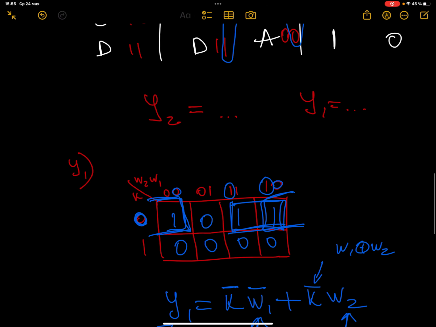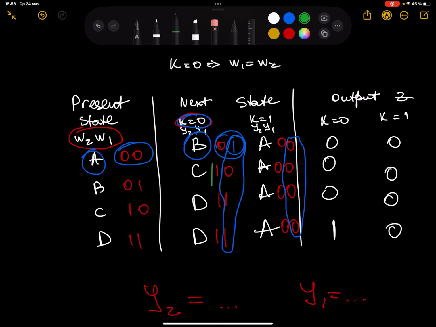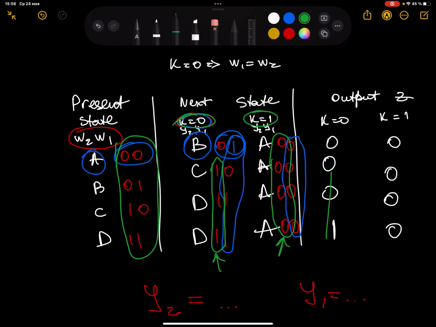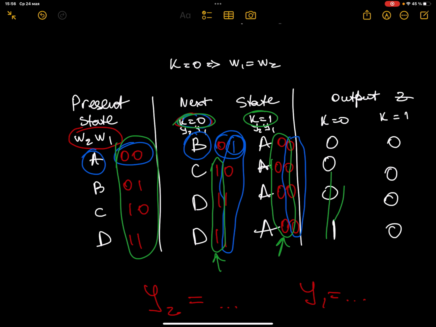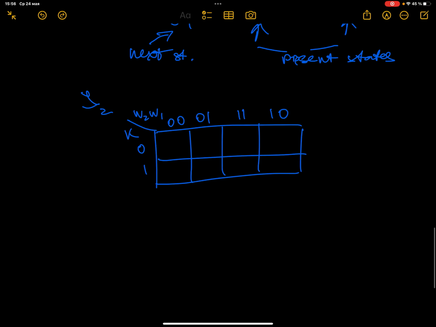So I'm copying the values of this row, in green, for K1 and K0, and these are the present states. I'm copying this row's corresponding values to the K-map, and you will have these values 1 1 1 0 0 0.